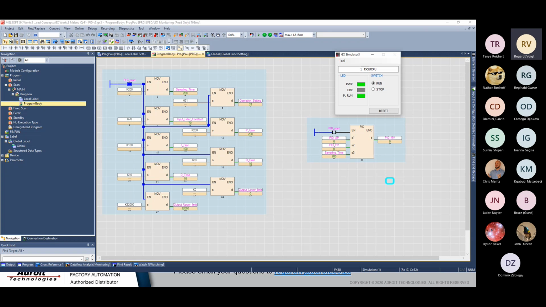Let's quickly open another instance of GT Designer. Let's wait for it to load.